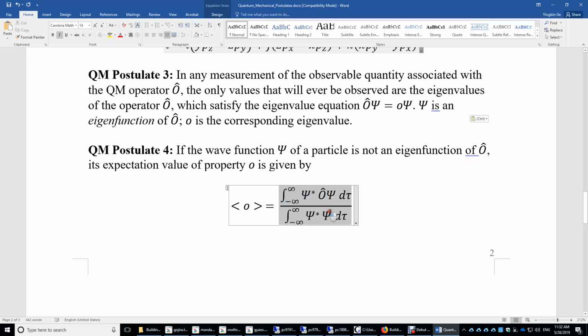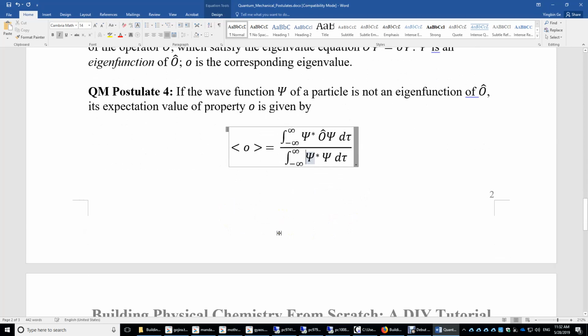In statistics, you see similar equations, but this corresponds to the probability weighted property of O. And if you view psi star times psi as the probability density, and psi star times psi times d tau as the probability of finding the particle within the volume element d tau, you will better understand this equation.